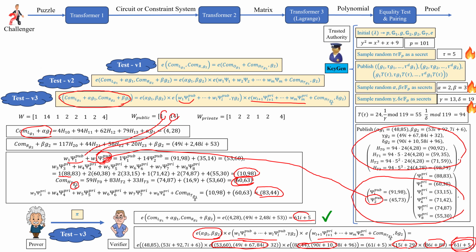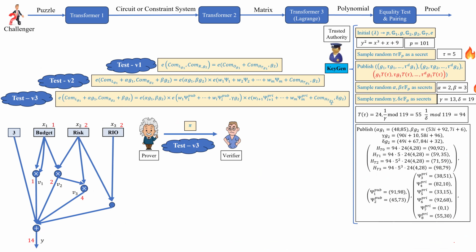Everything is done? No. Test version 3 also is not enough. And let's see why this is not enough. Okay, so now we want to discuss another concept. We already mentioned that we are designing a general purpose system, right?